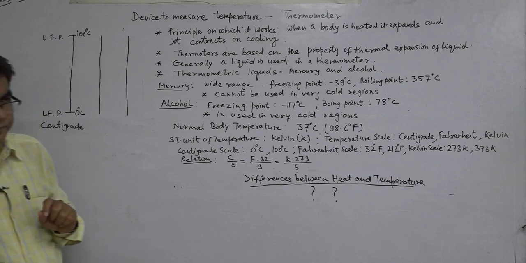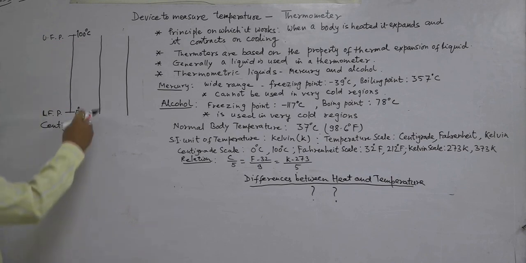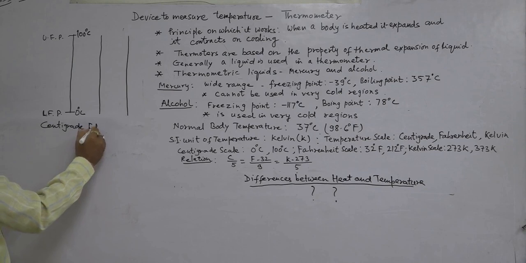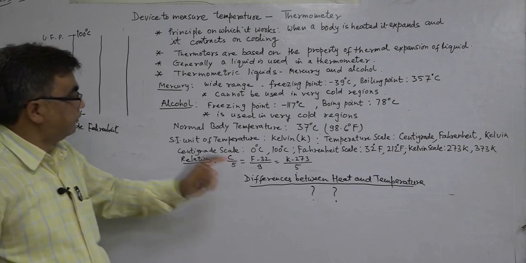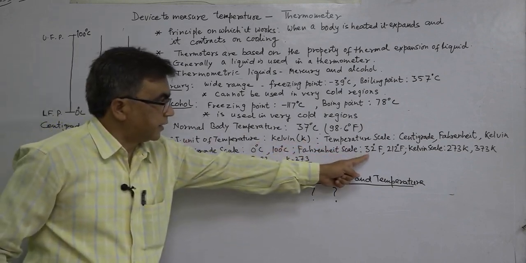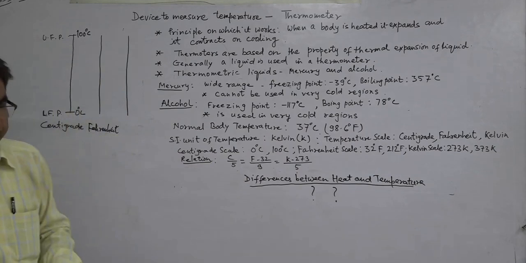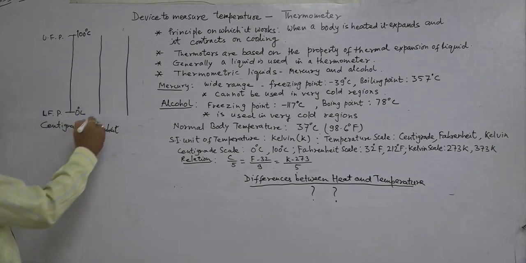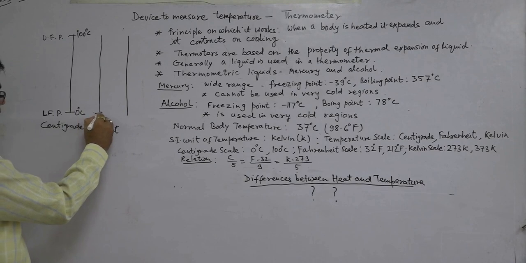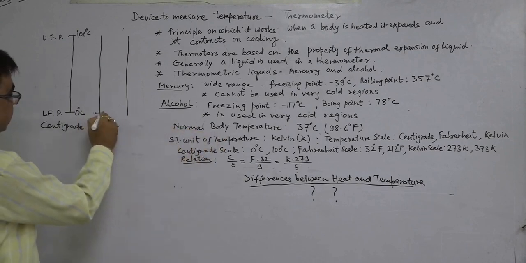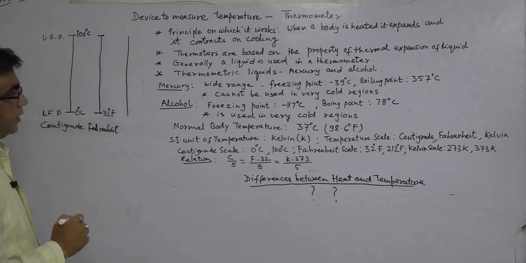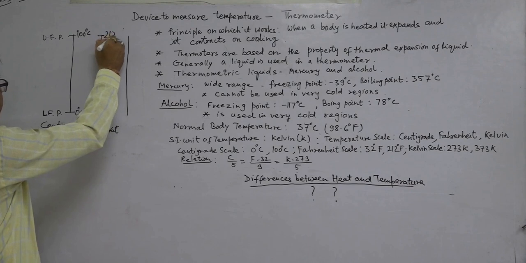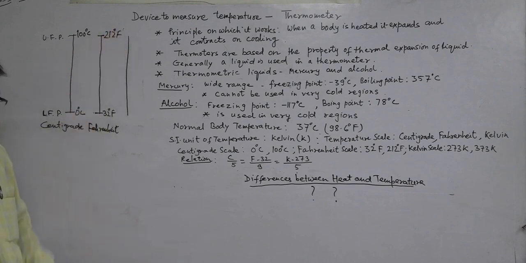Similarly, for the Fahrenheit scale, I have written here 32 degree Fahrenheit and 212 degree Fahrenheit. It means in the Fahrenheit scale, the freezing point of water is 32 degree Fahrenheit, whereas the boiling point of water is 212 degree Fahrenheit. So we have to first fix these two points.